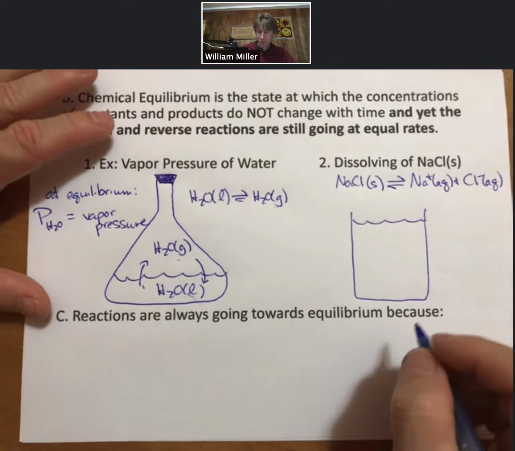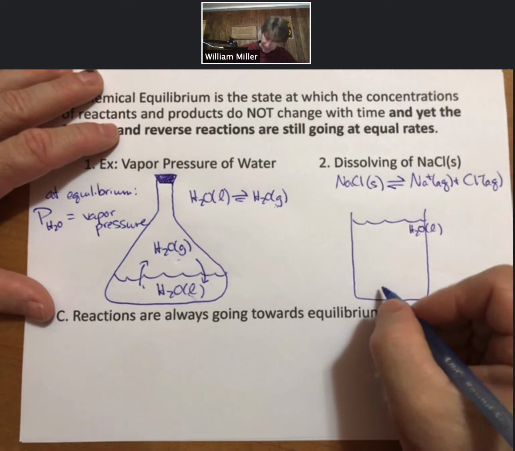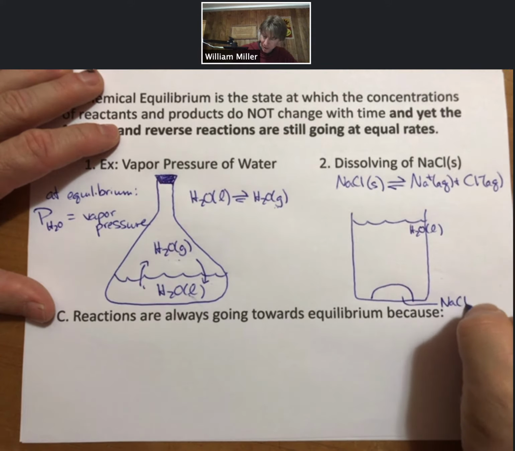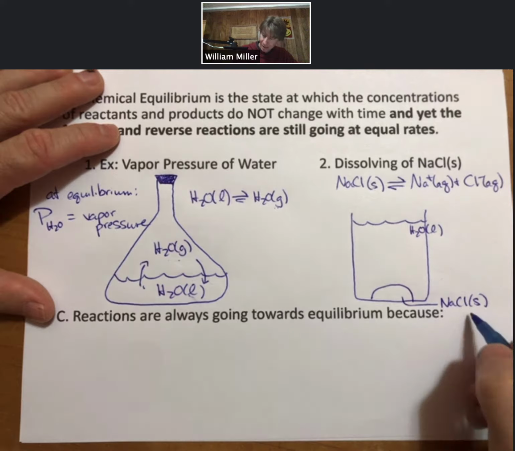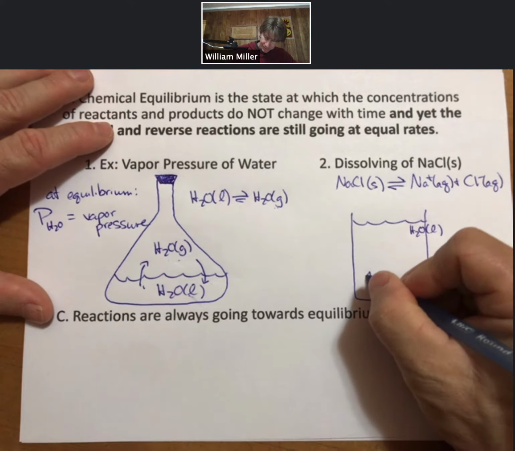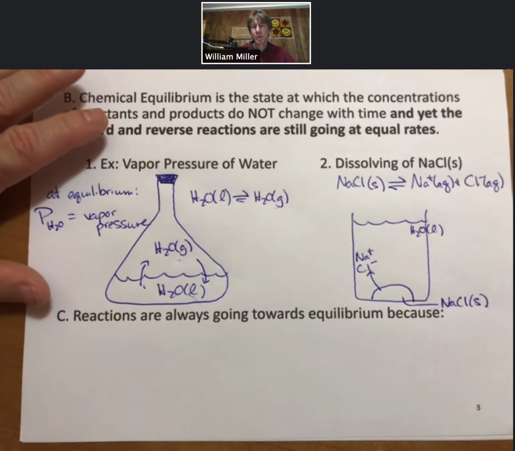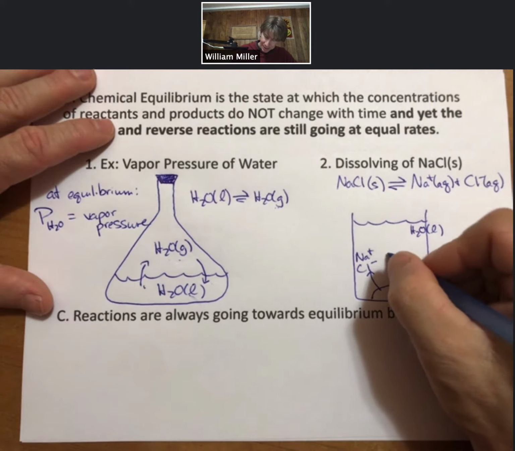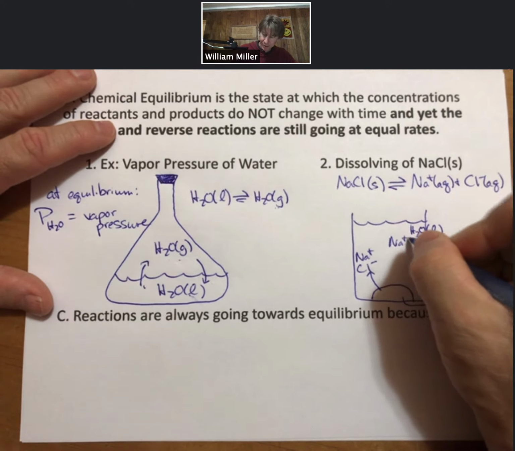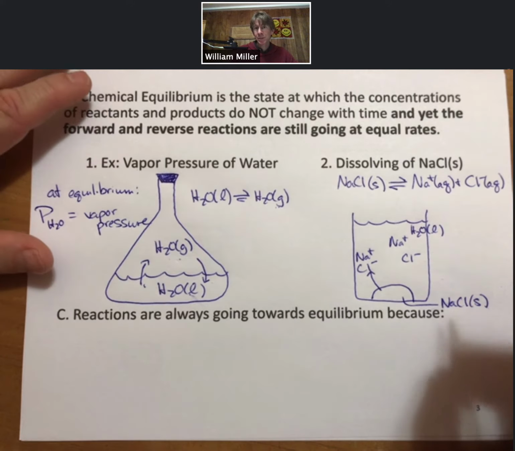Now if we had H2O liquid and we had a pile of sodium chloride solid, the sodium chloride solid would dissolve into sodium and chloride ions, and then eventually, when you got enough of the sodium and chlorides, equilibrium is established.